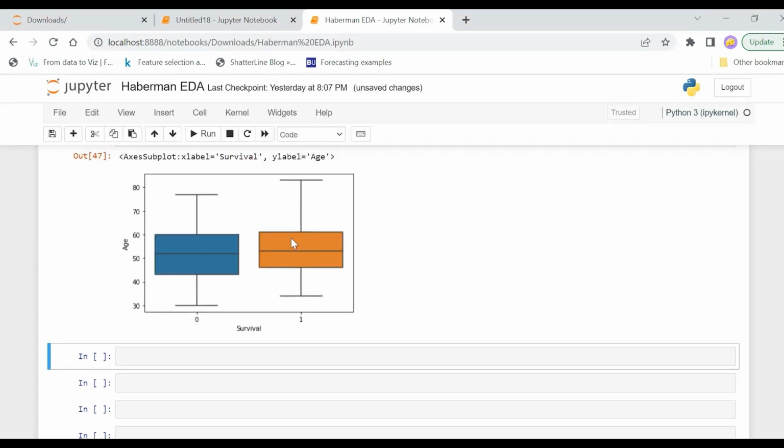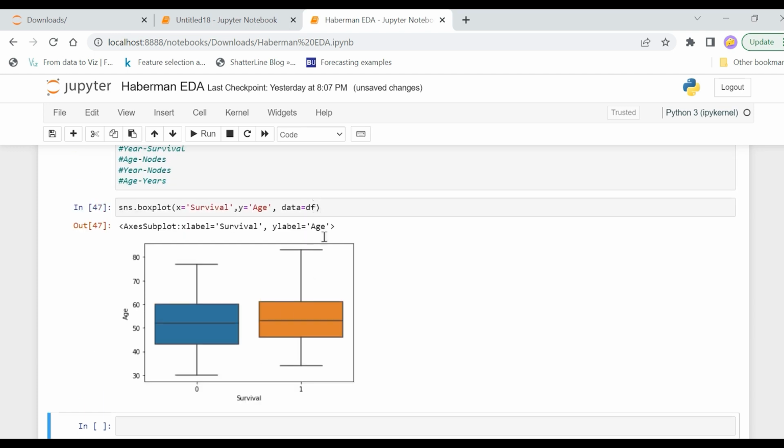You can see there are no outliers first of all, and secondly the median, the 50 percentile, is kind of the same, but the maximum age is more for someone who has not survived above 5 years.